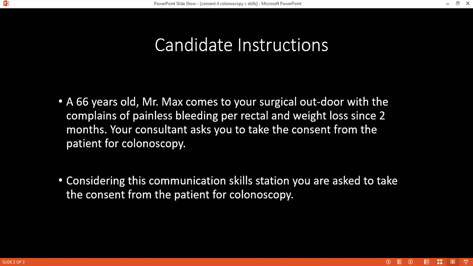This procedure will be done under mild sedation, and the results of the tissue, if found, will be out in 2 weeks, and we'll discuss the result with you in the surgical out clinic. Is that okay by you, Mr. Max? Yeah, I'm on the same page with you, doctor. We can go ahead. Give the consent. So now I'll give you the consent form to sign. All right. Good. Okay, doctor, I can sign.